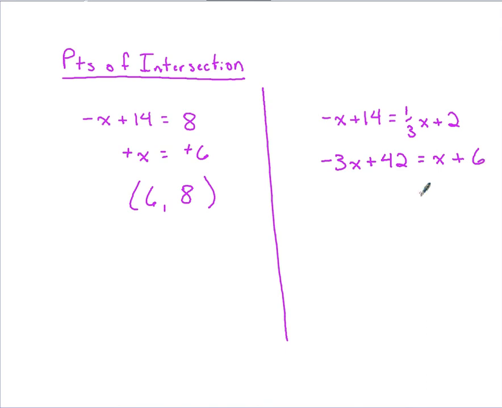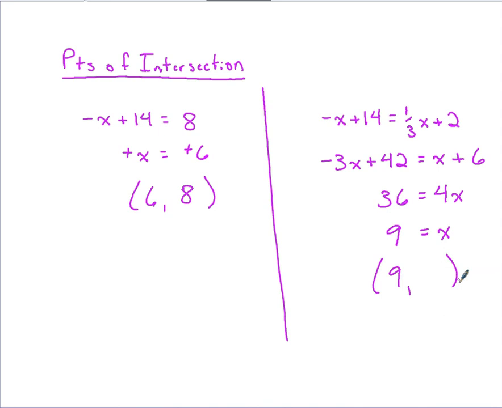So shuffling some things around, I'm going to add 3x over, put 4x over here, subtract 6 over. That's going to give me 36, right? So x is going to be 9. So over here, a point of intersection, x coordinate would be 9.